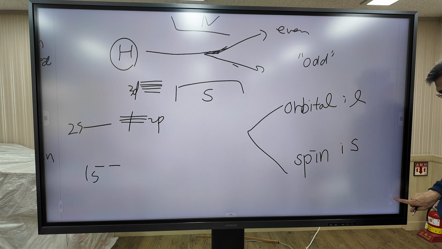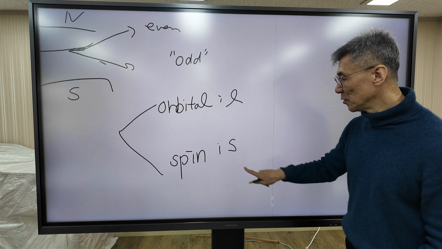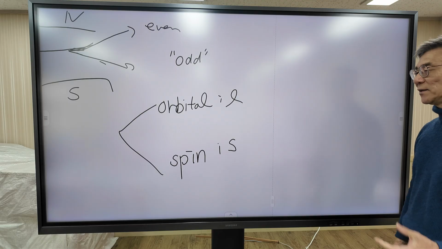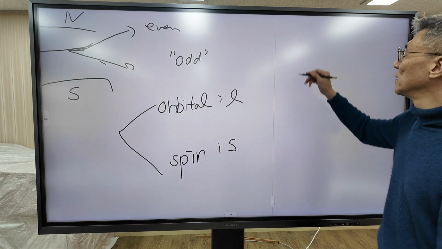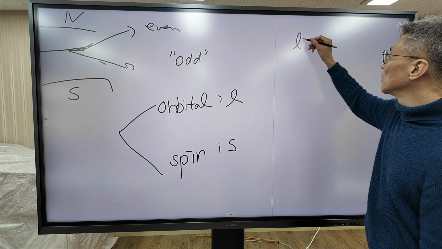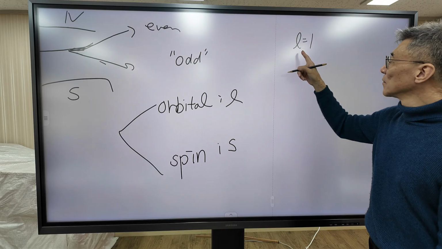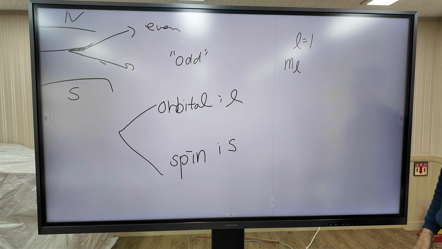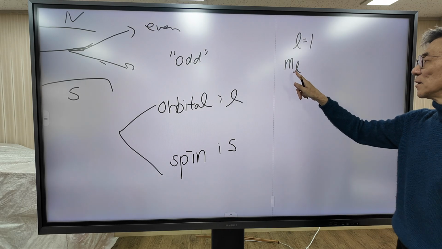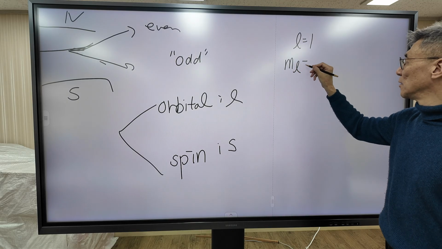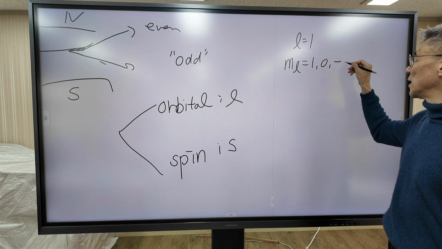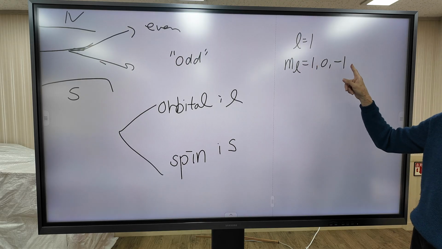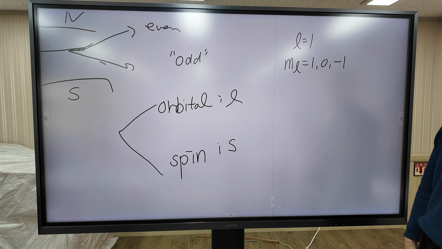To determine the spin quantum number, we must take a look at the basic concept of angular momentum. When the l quantum number is given, there are corresponding magnetic quantum numbers ml, ranging from l to minus l in integer steps.